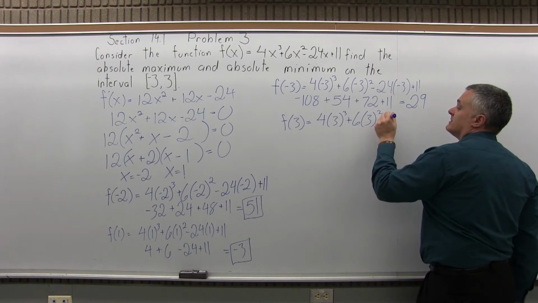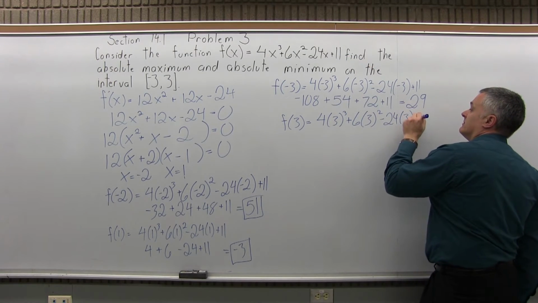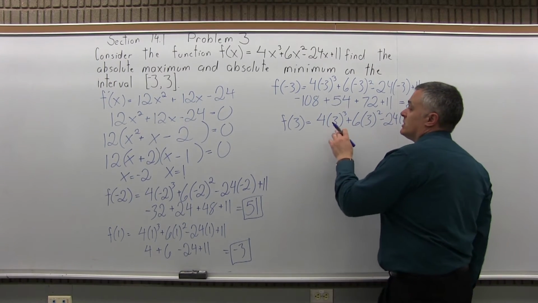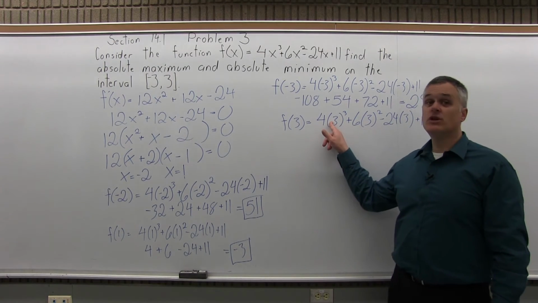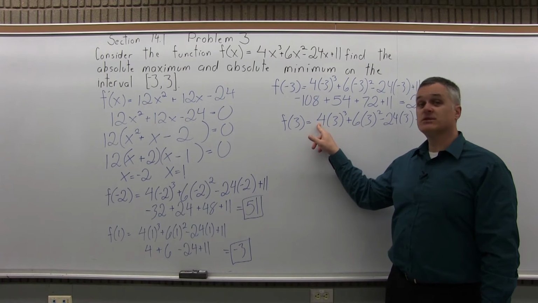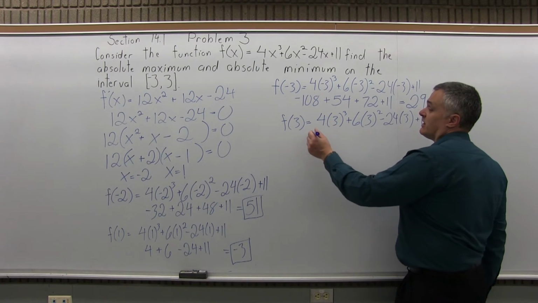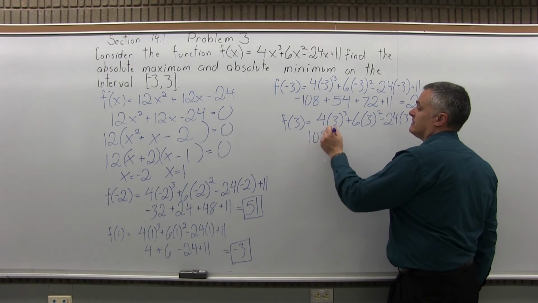Minus 24 times x is minus 24 times 3 plus 11. So 3 cubed, 3 times 3 is 9, times 3 again is 27, times the 4 in front, this time the 27 is positive, the 4 is positive, so I have positive 108.